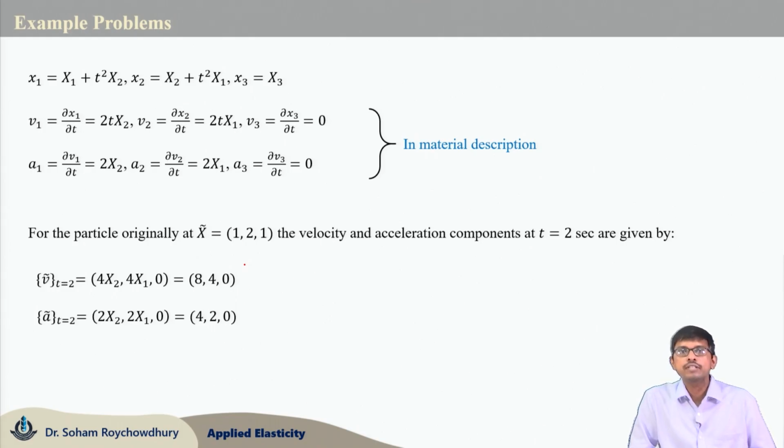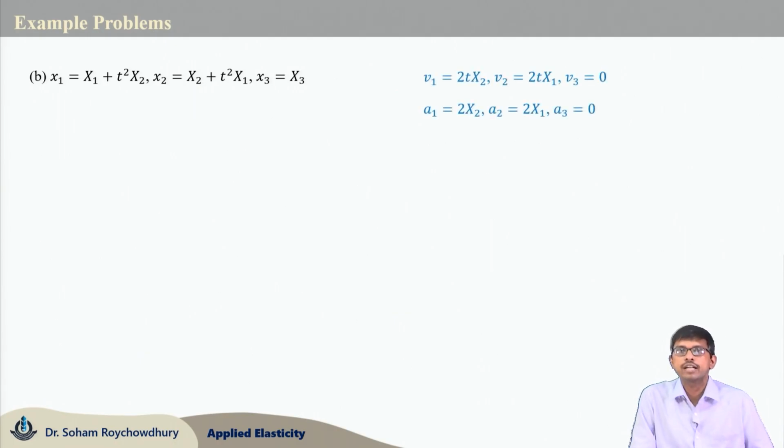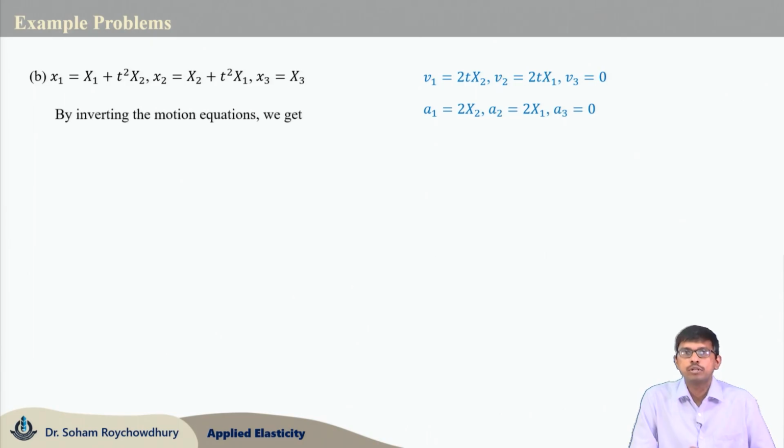Now coming to the second part of the problem, where we have to solve using the spatial description. So small x1, small x2, small x3 were given as functions of capital X1, capital X2, capital X3. V components and A components, velocity and acceleration components were also obtained in terms of capital Xi, the undeformed locations.